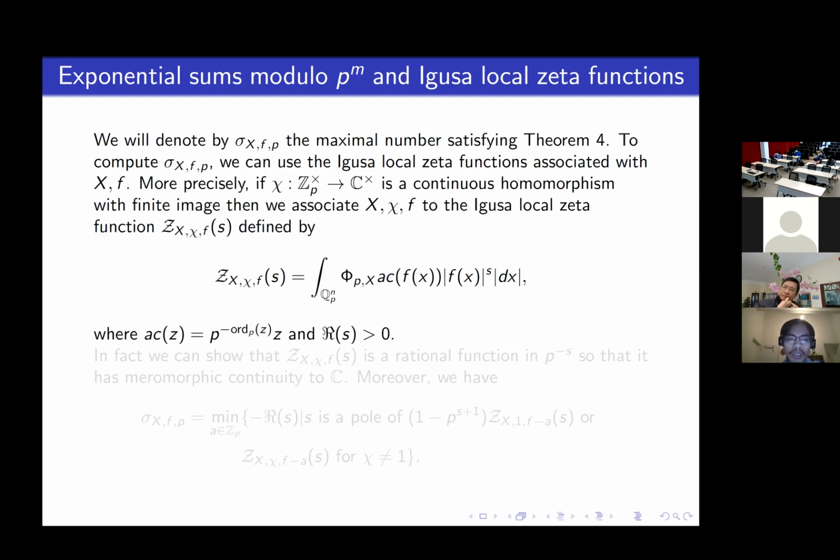Here ac(z) equals p to the power minus ord_p(z) times z, and the absolute value is the norm in Q_p. We consider this function on the domain with the real part of s bigger than 0.